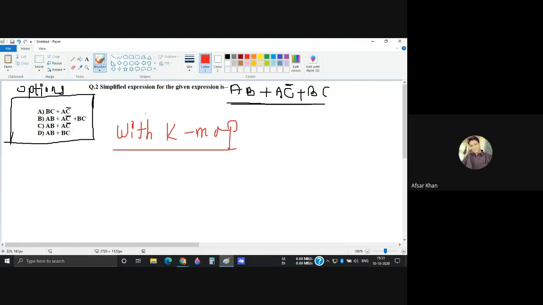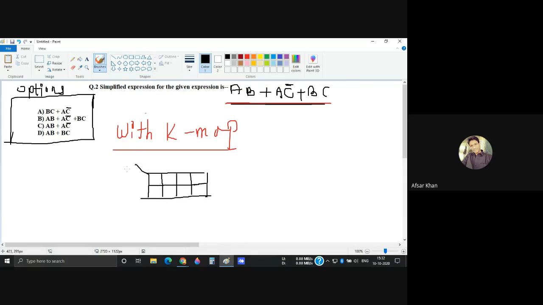So with K-map, tell me how many variables are here? 1, 2, or 3? 3. So the K-map will be of 2 by 4.